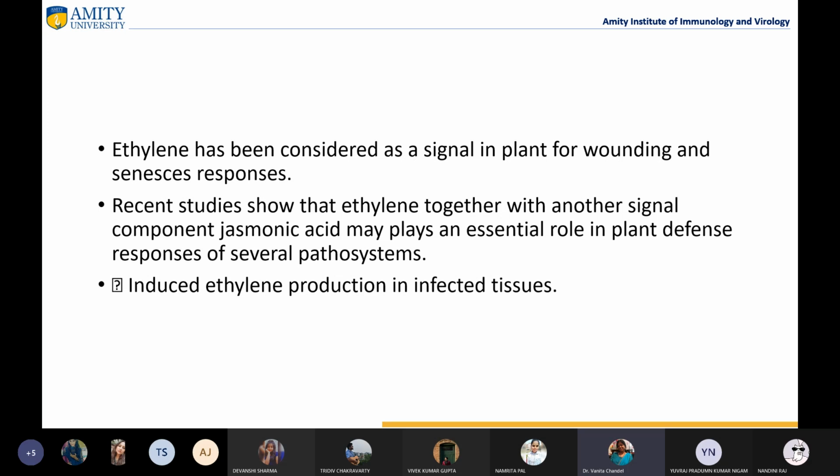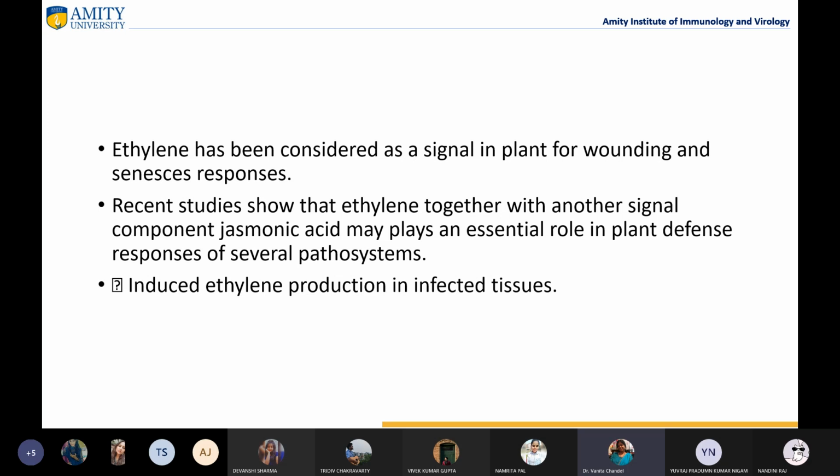So that area will become dead or necrotic, so that the movement of the pathogen to the other parts of the plant is stopped. This is a hypersensitive response: the plant is trying to avoid the pathogen entry. So there are a number of ways by which plants defend themselves, and a number of ways by which pathogens try to get entry. The pathogen will do whatever it can to enter the plant, infect it, multiply there, and after multiplication exit and try to infect other host plants, right?